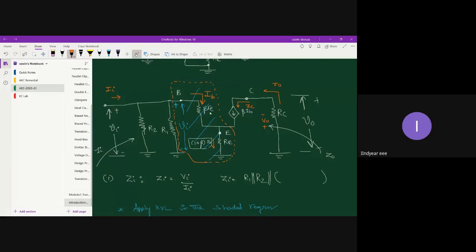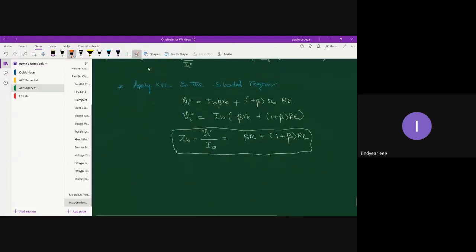So the whole thing can now be replaced with a simple impedance ZB. This is your base terminal ZB. So by finding this, I can now redraw my input circuit something like this. This is your R1, this is your R2, and this is your ZB. This is ground, this is base.